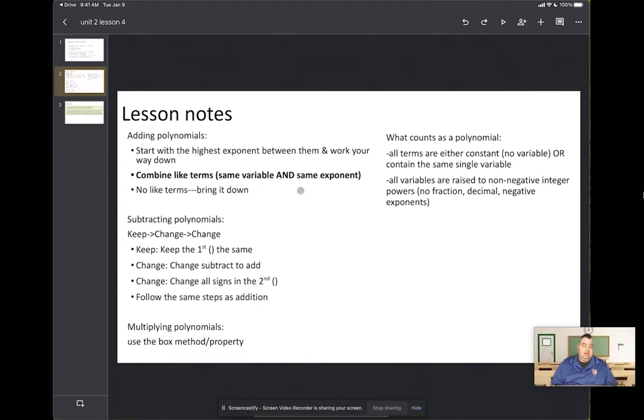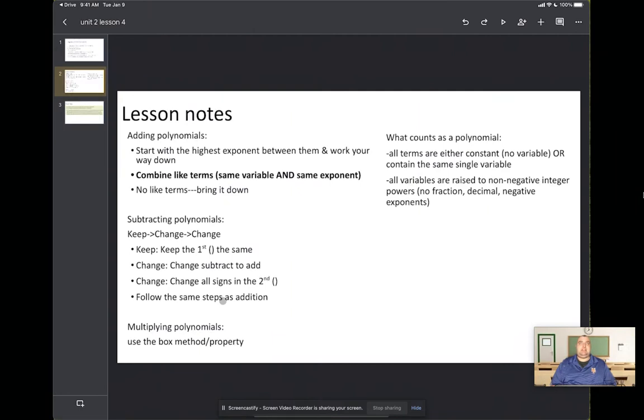So that's adding polynomials. Subtracting polynomials, we use this moniker: keep, change, change. Keep the first one the same, change subtraction to addition, and change all of the signs in the second one.